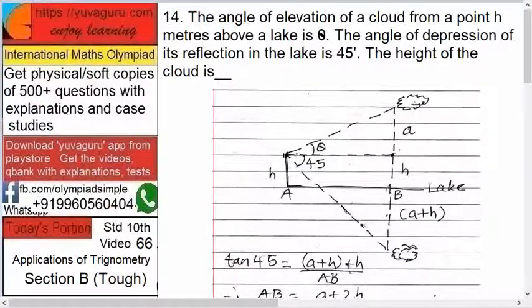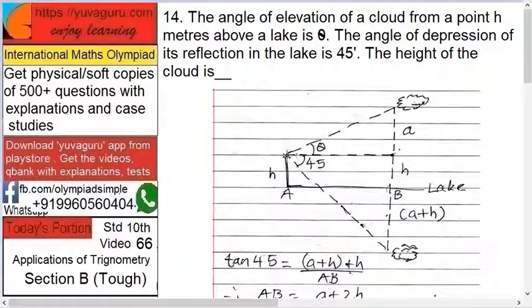Okay. Next, the angle of elevation of a cloud from a point h meters above a lake is theta. Means what? See, this is a lake, then there is a height h. Now if I stand here and look at the cloud, then the angle of elevation is theta. The angle of depression of its reflection in the lake is 45 degrees.